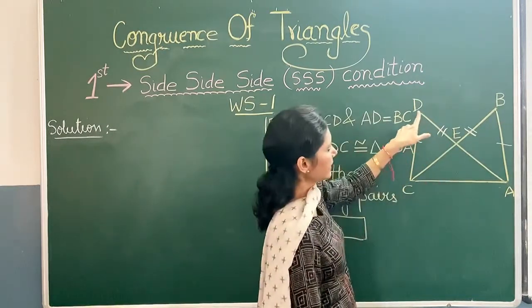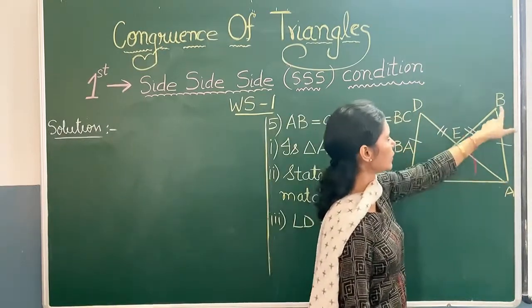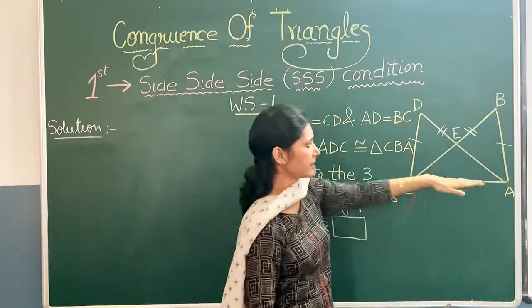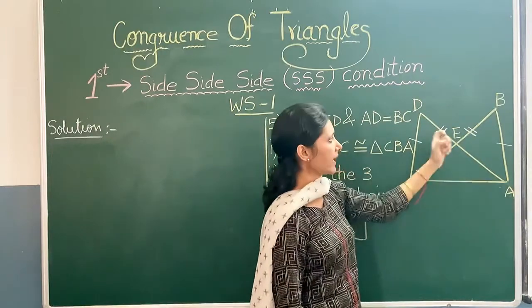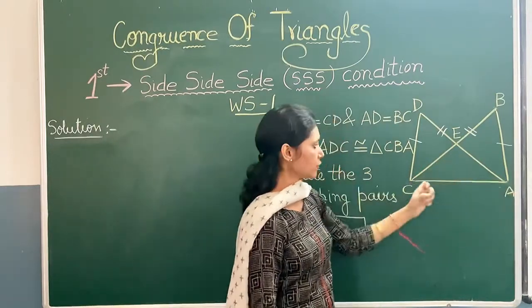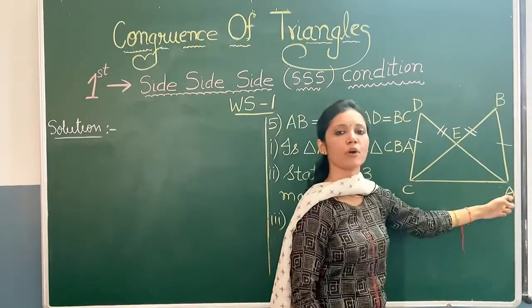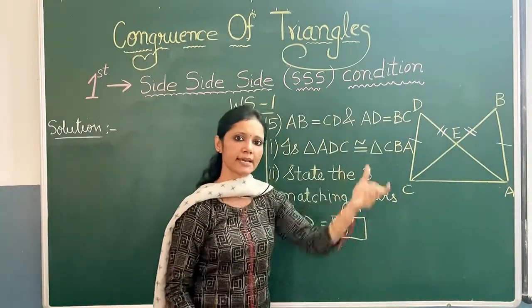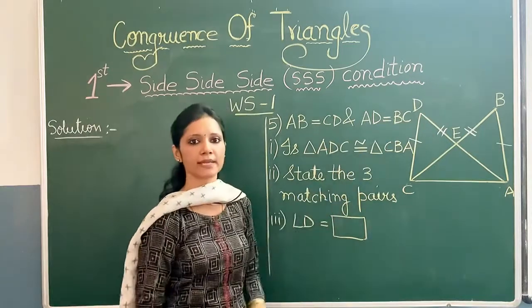Fine. Then the side BA is equal to the side BC of the other triangle. And then the third side is the base. Both the triangles, they are lying on the same base. So this base AC or CA is common to both the triangles. So yes, since the three conditions SSS are satisfied, these two triangles are congruent.